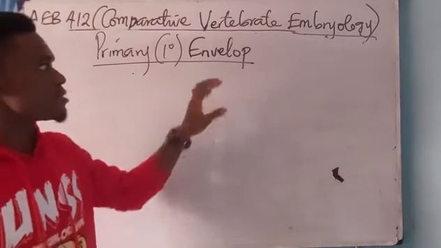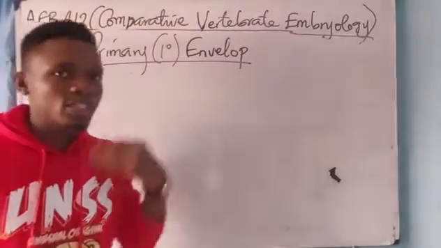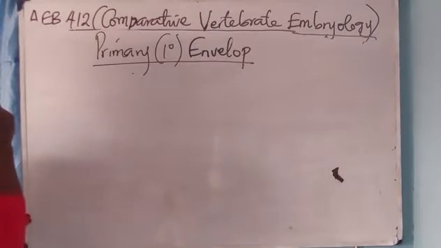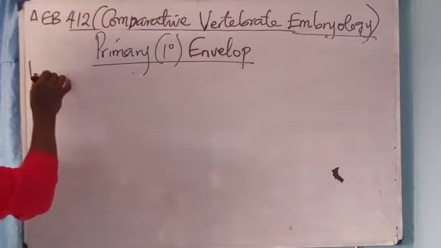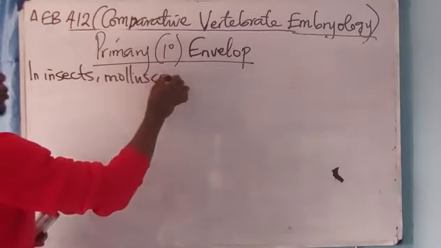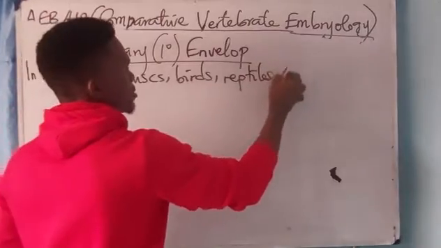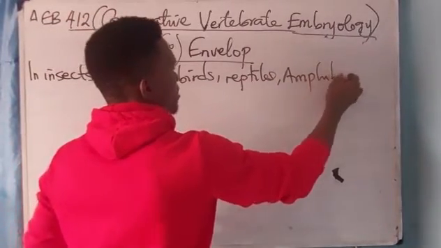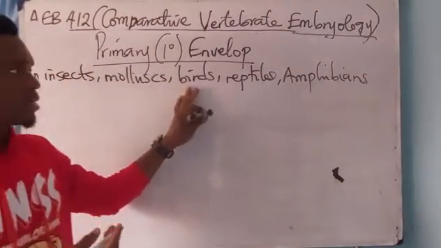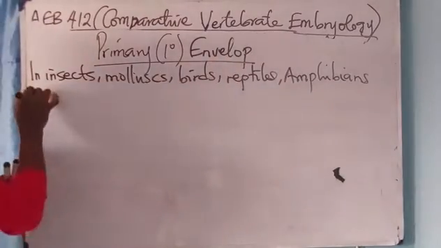Now, in different animals, the egg envelope is called different names depending on the animals involved. For example, in insects, mollusks, birds, reptiles, and amphibians, the egg envelope is called vitelline membrane.